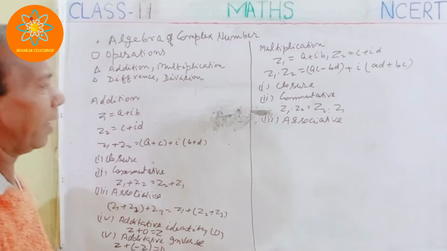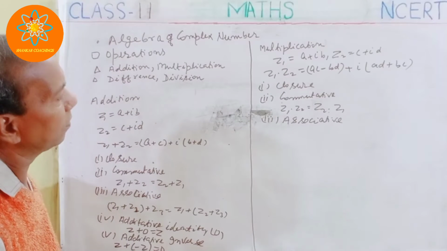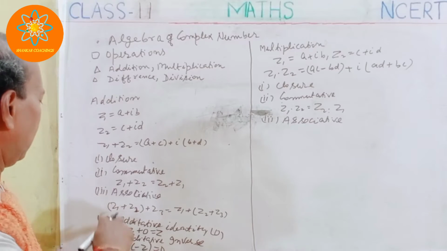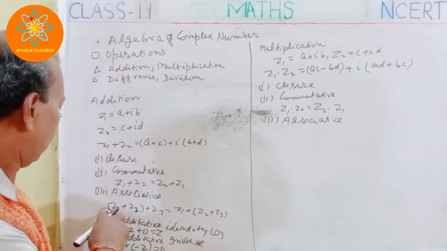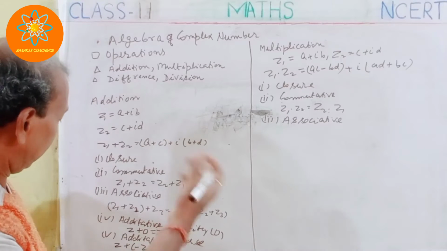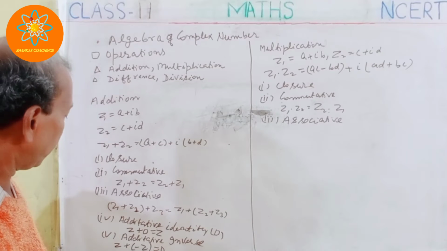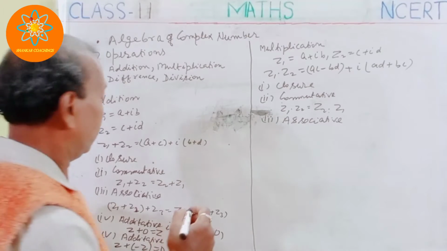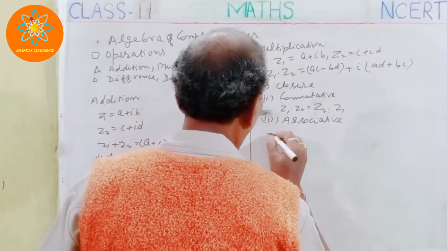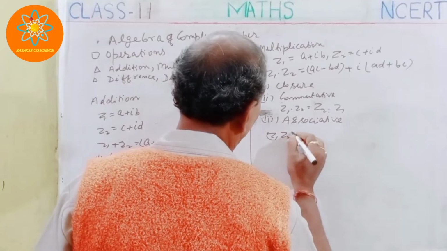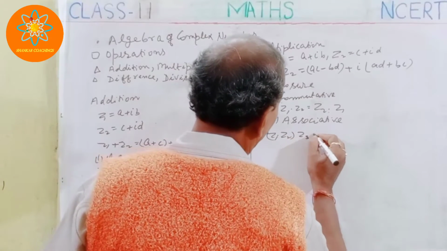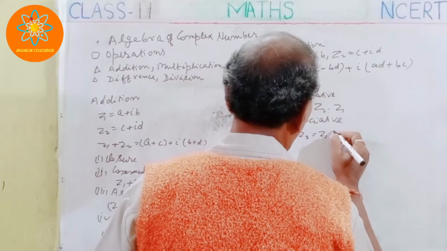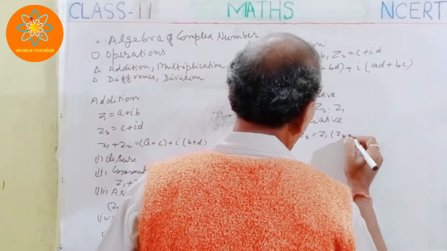In the case of the associative property, let's suppose I have three complex numbers, Z1, Z2 and Z3. Here we will take the multiplication case.